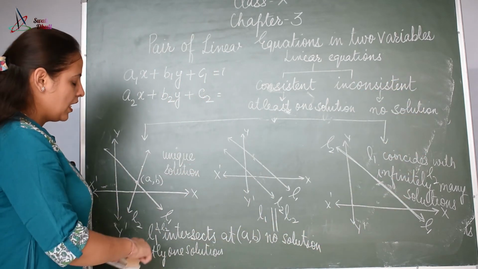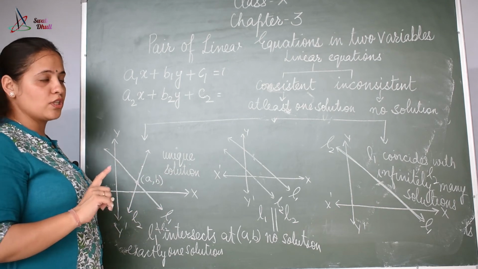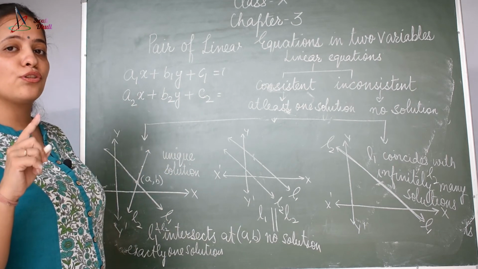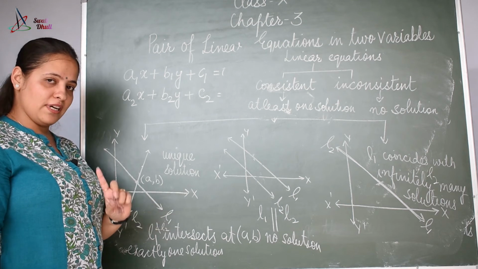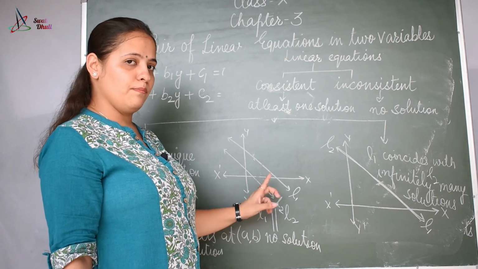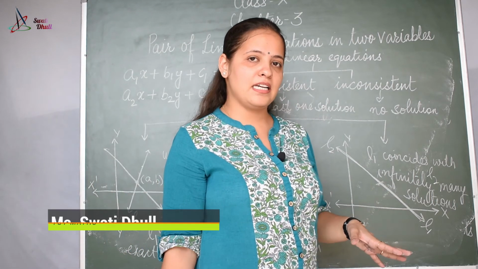So see here, when the lines are intersecting, you are getting one solution. What is it asking? At least one solution. एक solution तो होना ही चाहिए. So in this case you have one solution. In this case you have no solution, so this will not be consistent, and here you have infinitely many solutions.